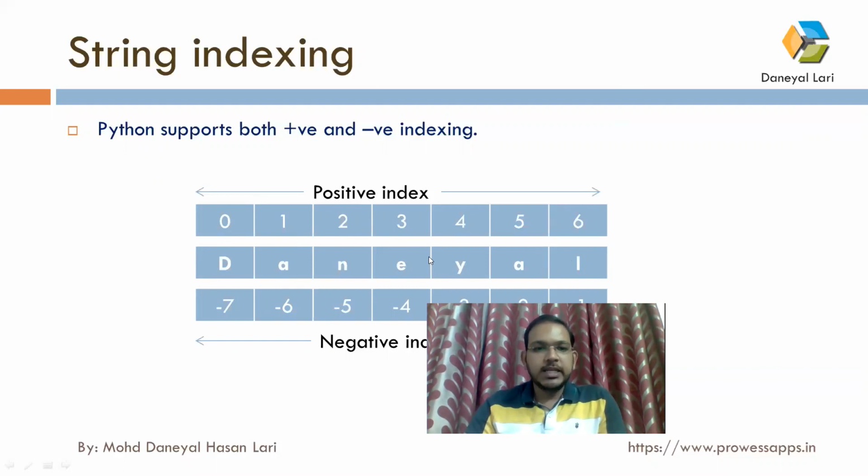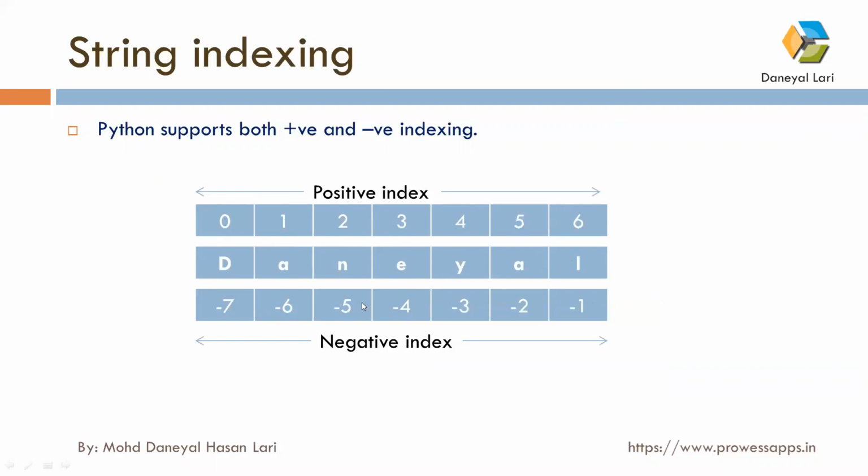Okay, and Python also supports negative indexes. Negative indexes always start from the right side to the left side, and always start from -1, because 0 is included in positive. So negative will always start from -1 to the length of that string, from right to left.